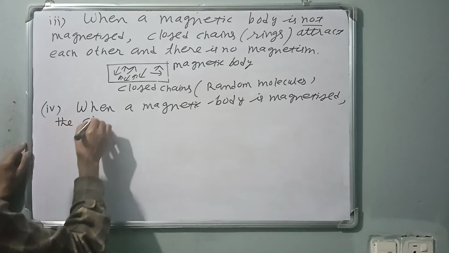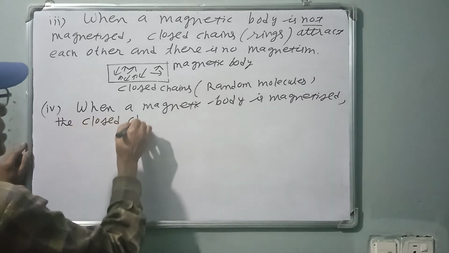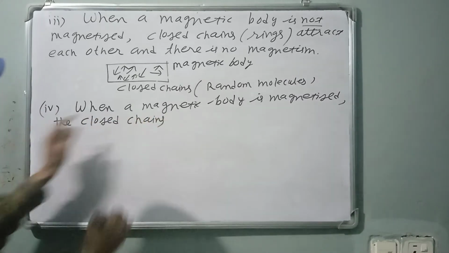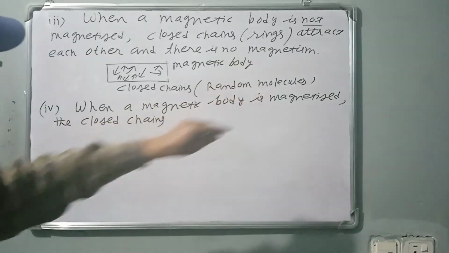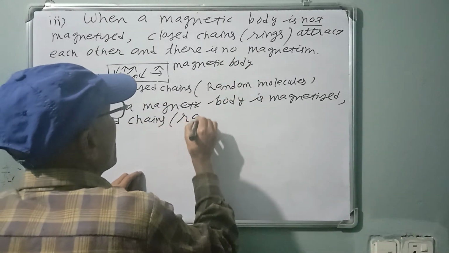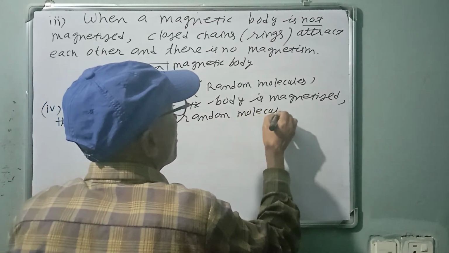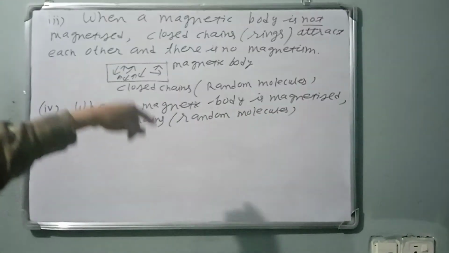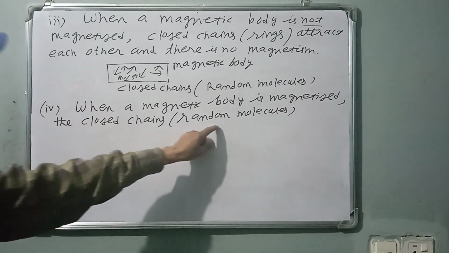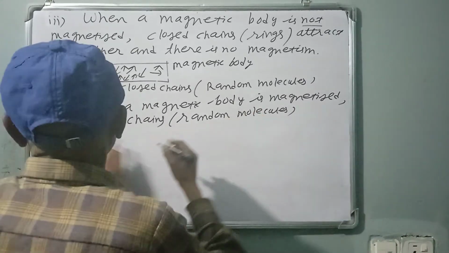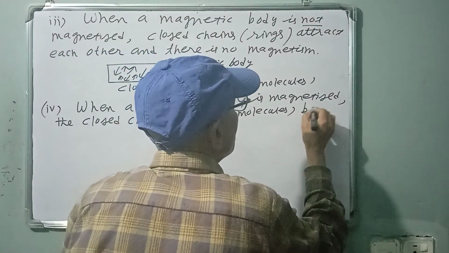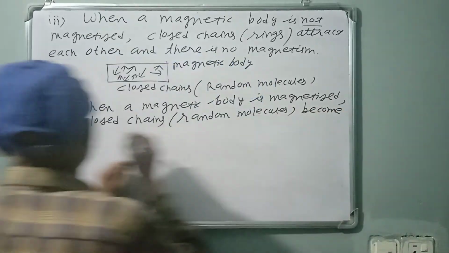The closed chains are random molecules. Closed chain means random molecules. The molecules which face in all directions, roughly randomly placed molecules, the closed chains become open chains.